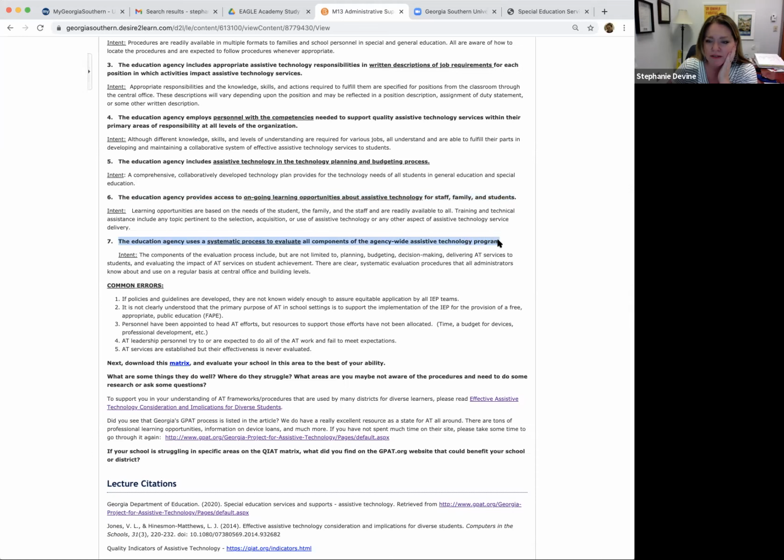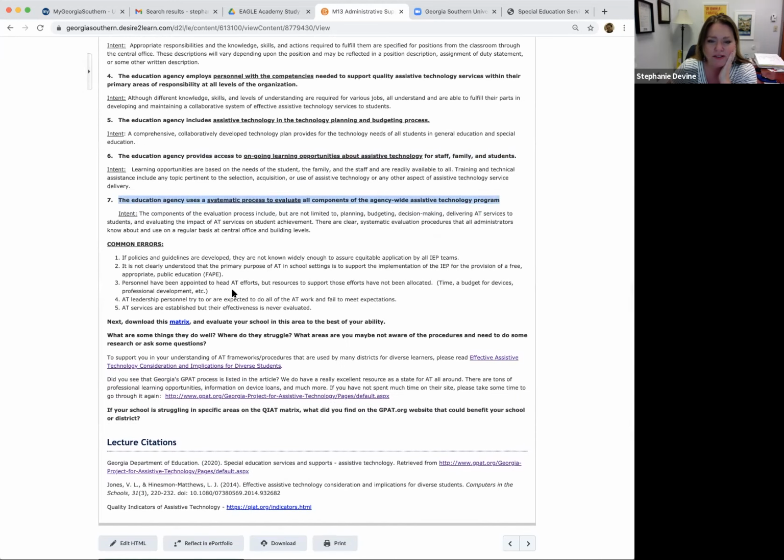Number 7, the education agency uses a systematic process to evaluate all components of the agency-wide AT program. So not only do you have a program in place, but you have a system to evaluate that program. Is that happening? The components of the evaluation process should include planning, budgeting, decision-making, delivering AT services to students, and figuring out the impact those AT services have on student achievement.